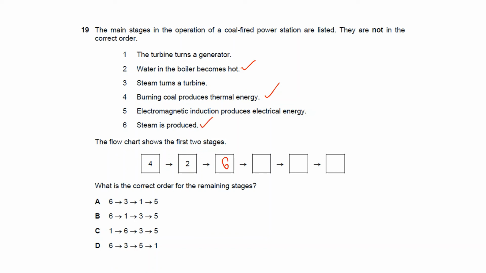And when steam is produced, that steam actually turns the turbine. So it's three then. And that turbine, in turn, turns a generator, and this generator generates electricity with the help of electromagnetic induction. So the answer is then 5. So the order is 6315, which is A.